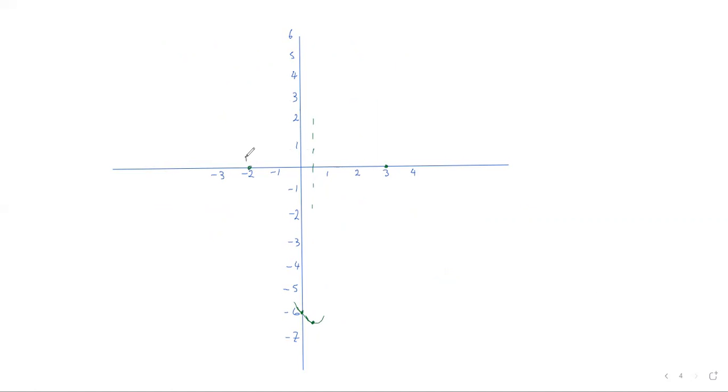So the graph will come this way, come this way, and there. And from there, go to infinity. Now, that is your graph.